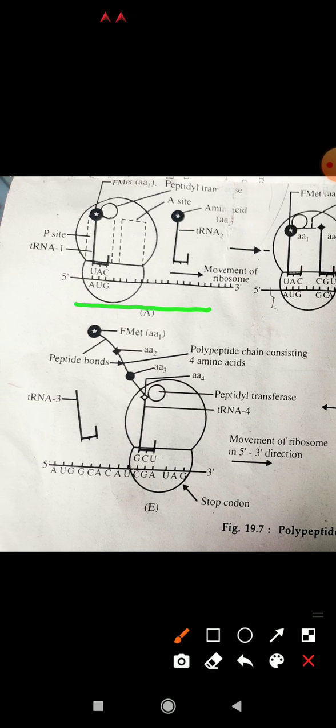So, see here how this takes place. Like this, in this direction, mRNA will move. This is the direction of mRNA, while the direction of the ribosome is the opposite direction. So mRNA will further move in this direction.